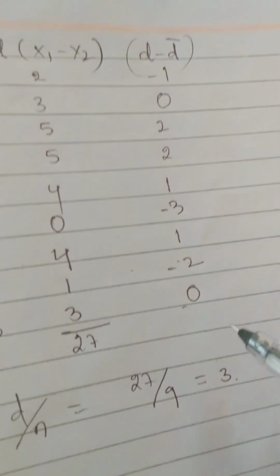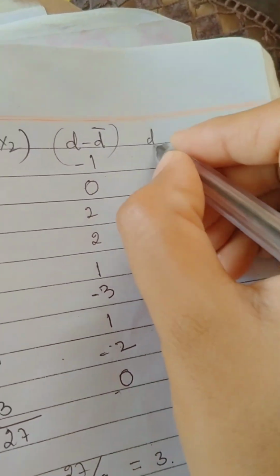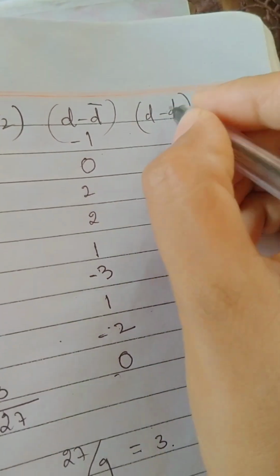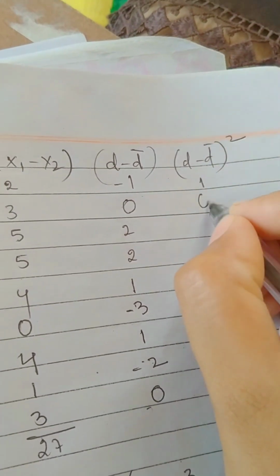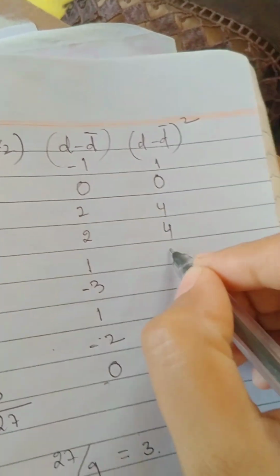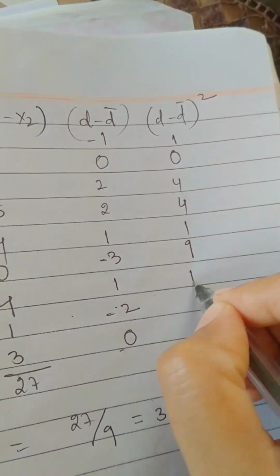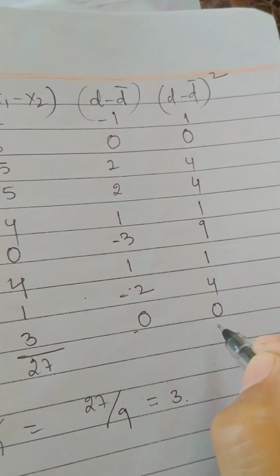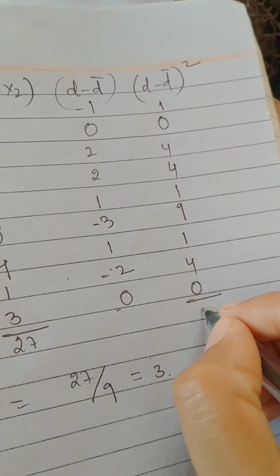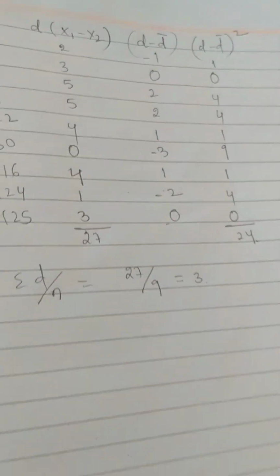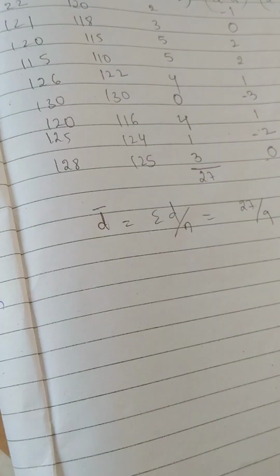No need for adding, we can directly move to D minus D bar whole squared. So 1 squared is 1, 0, 0, 4, 4, 1, 9, 1, 4 and 0. Then we add all these values and we get around 24.